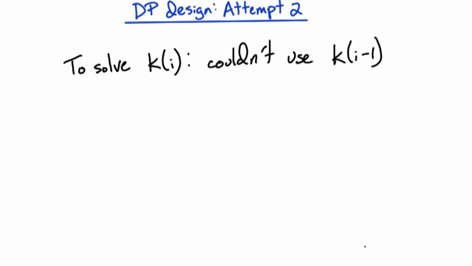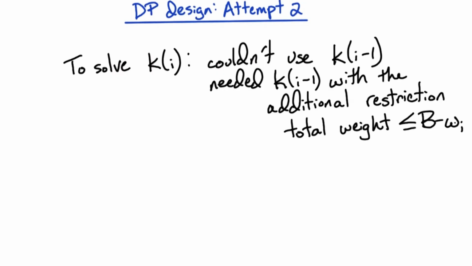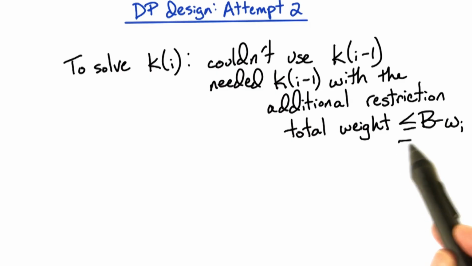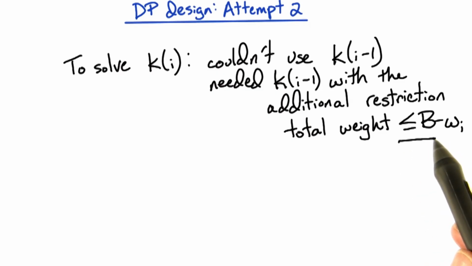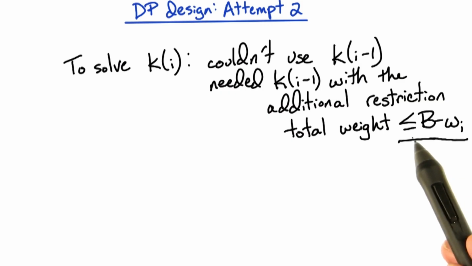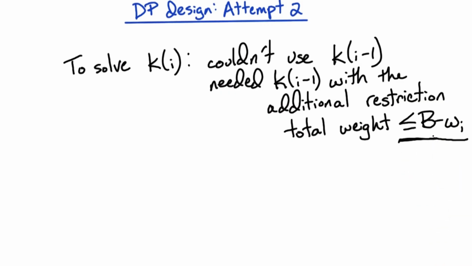But in fact, what we needed was the solution to the i minus first subproblem with the additional restriction that the total weight is no longer at most capital B, but at most capital B minus the weight of the ith object, because we're going to try to include the ith object, and therefore our weight available for the i minus first subproblem goes down.